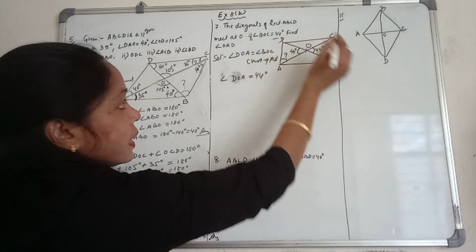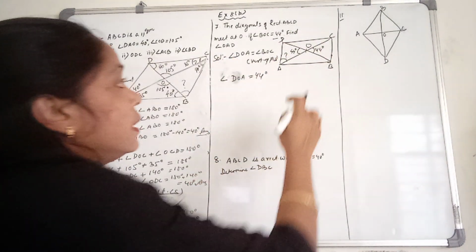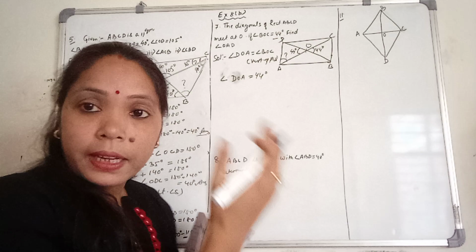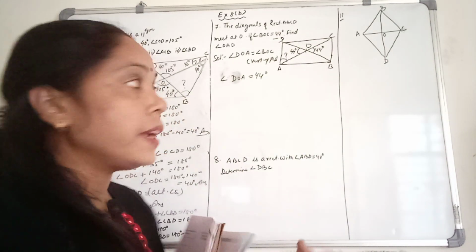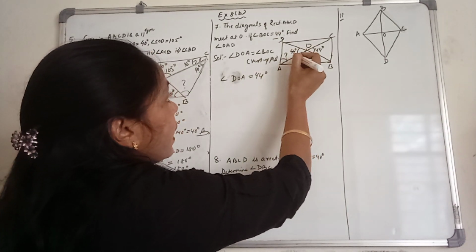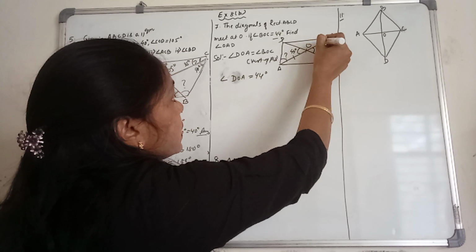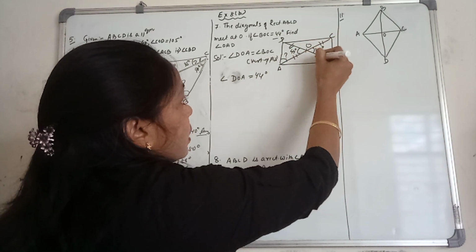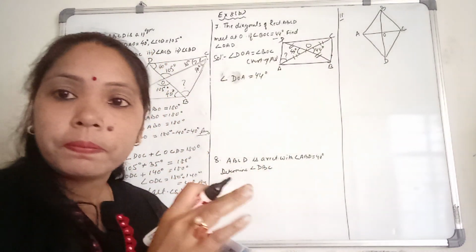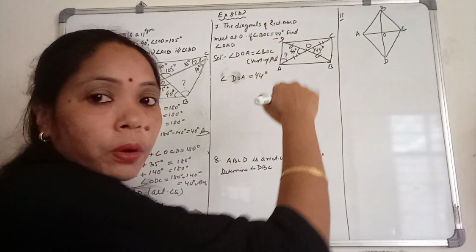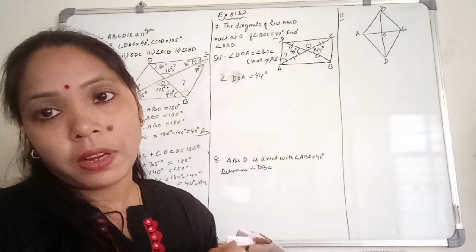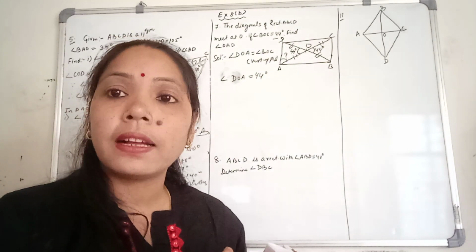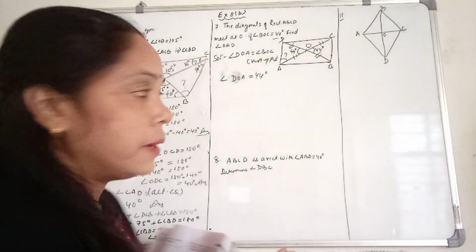Now in a rectangle, the diagonals bisect each other. It means OA is equal to OC is equal to OD is equal to OB. All of OA, OB, OC, OD are equal because the diagonals in a rectangle are always equal.